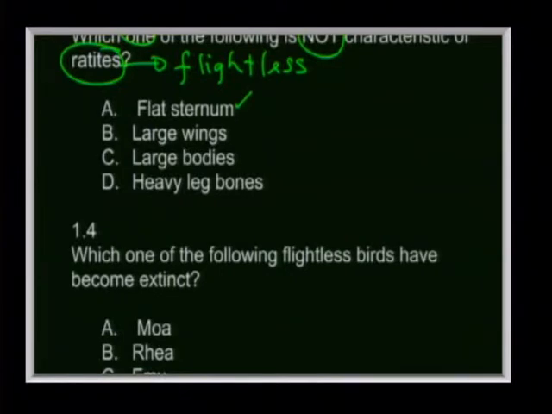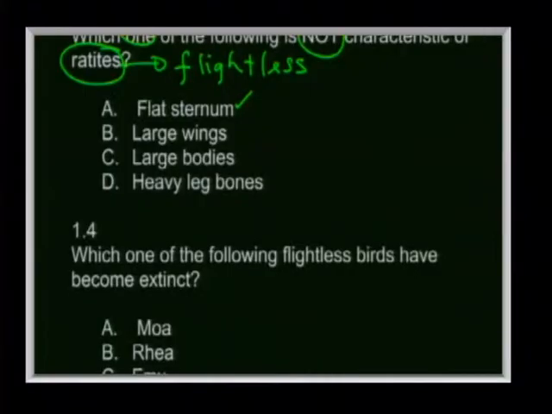Yes, it doesn't have the additional keel for the attachment of muscles necessary for flying. So that is correct. Do they have large wings? There's a question mark. It's a large bird, so we'll see. So C, large bodies. Yes, they have large bodies. They don't fly, and they have heavy leg bones.